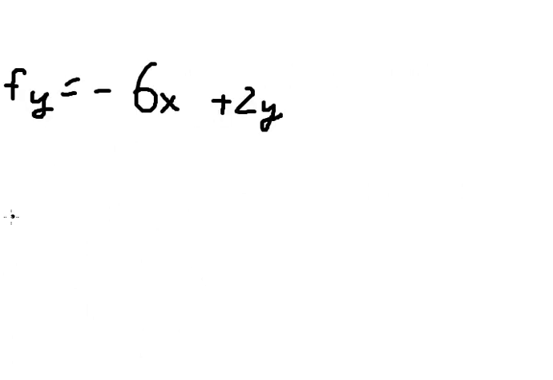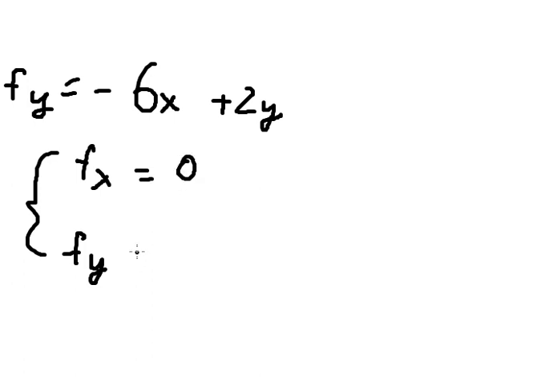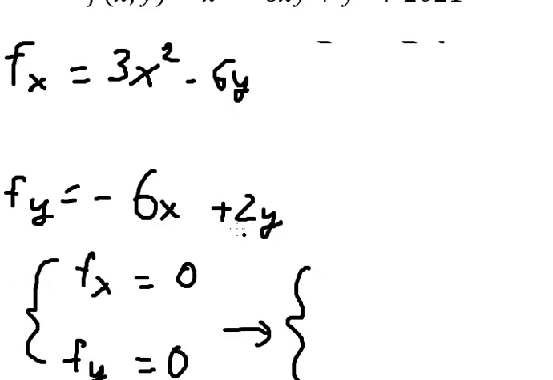So after that we put this one and this one equals to number 0. So this one and this one equals to number 0.